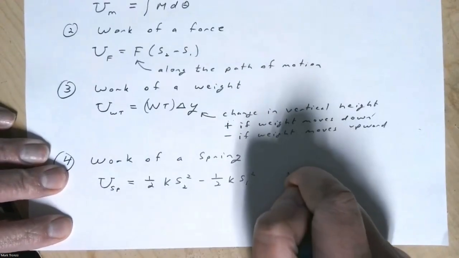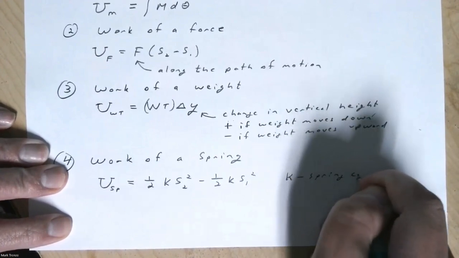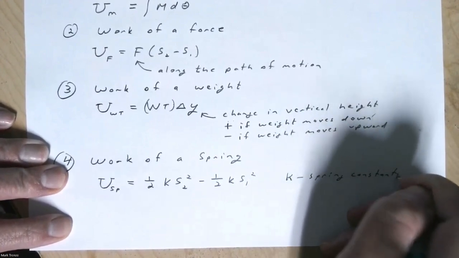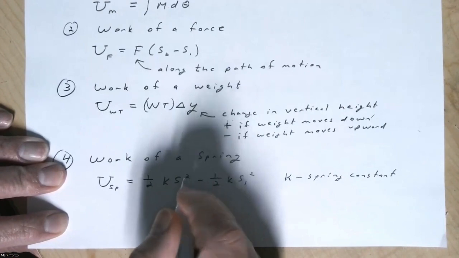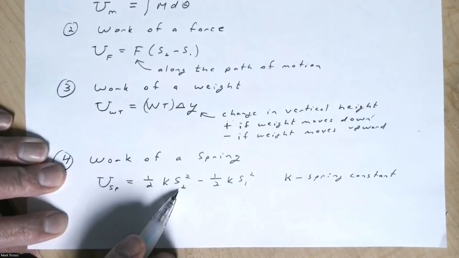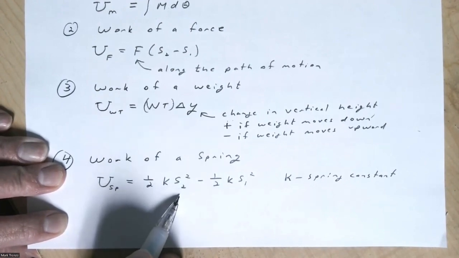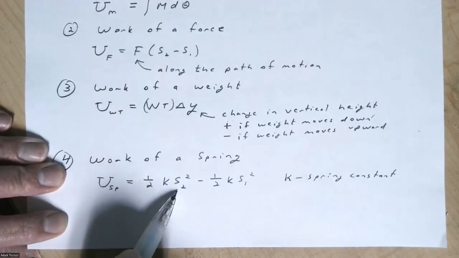And S2 would be the length it is stretched from the unstretched position. Remember that it'll be the amount it is stretched from the unstretched position. So if the unstretched length, for example, is 1 inch, and the spring is stretched to 3 inches, then this will be 2.